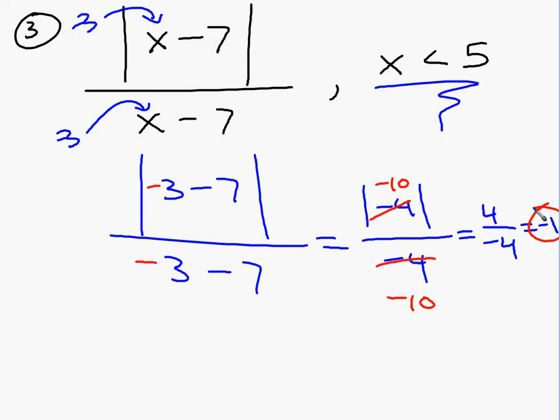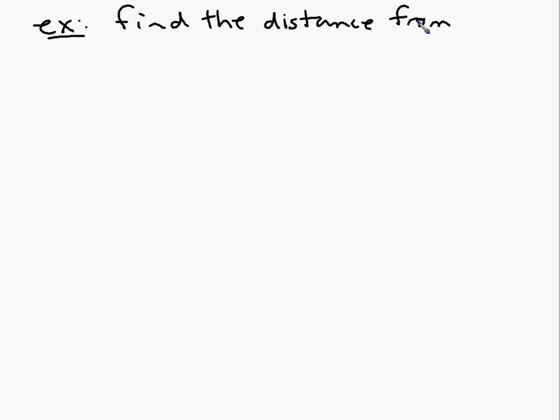They might give you some simple problems like this and say, find the distance from A to B. If they say find the distance from A to B, it's as easy as it looks. Okay? Some of these problems are really easy tonight.